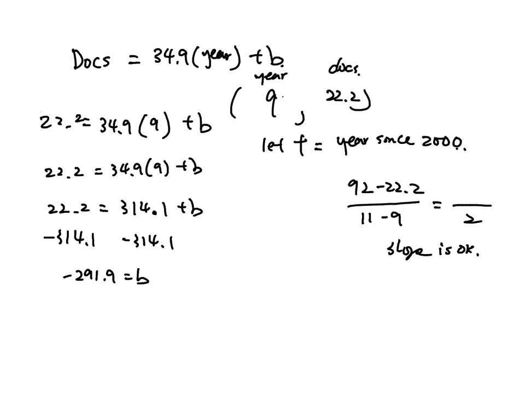So final answer, documents equal 34.9 times years since 2000 and minus 291.9.